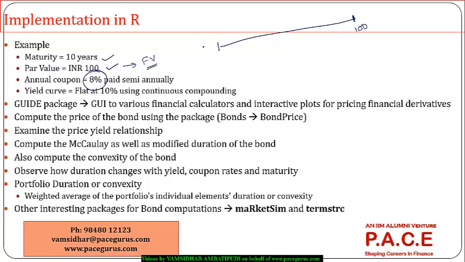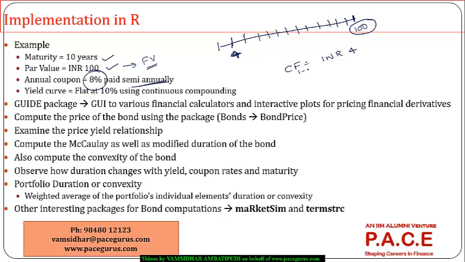The annual coupon is 8% paid semi-annually, so every 6 months, 4% of the face value. 4 is the amount that is paid every 6 months, so every 6 months this bond will pay a cash flow of 4 rupees.